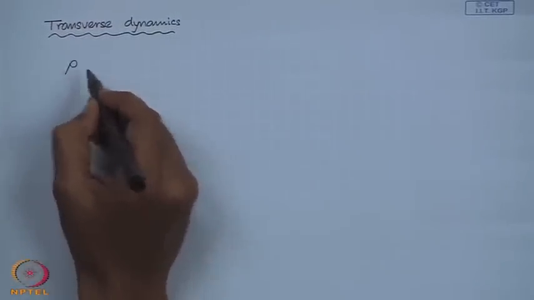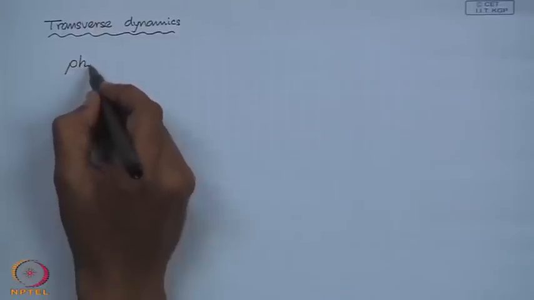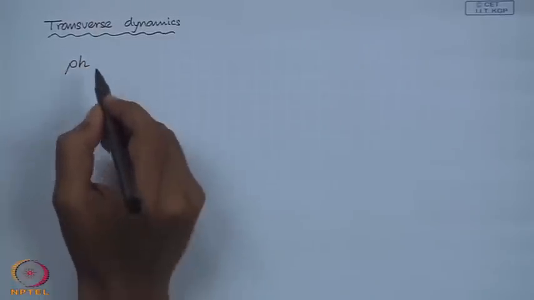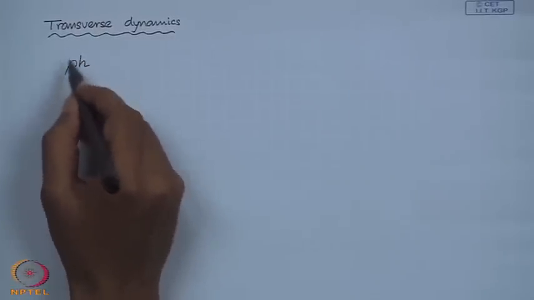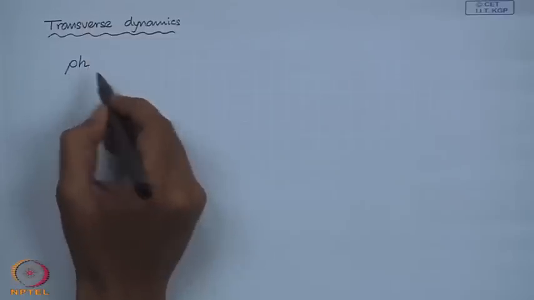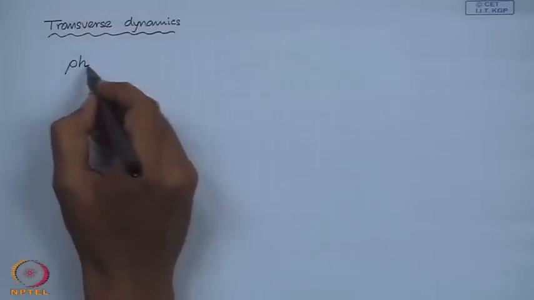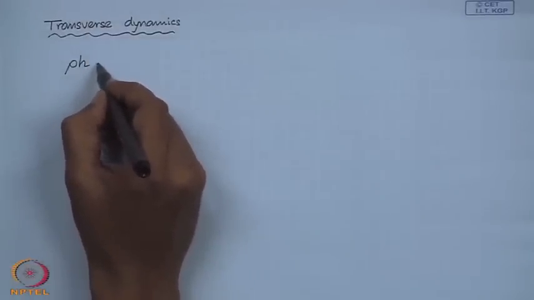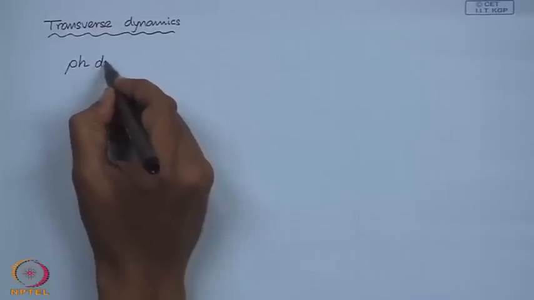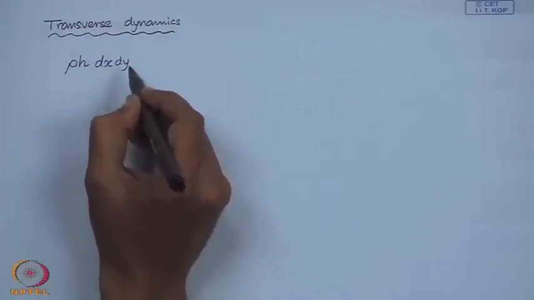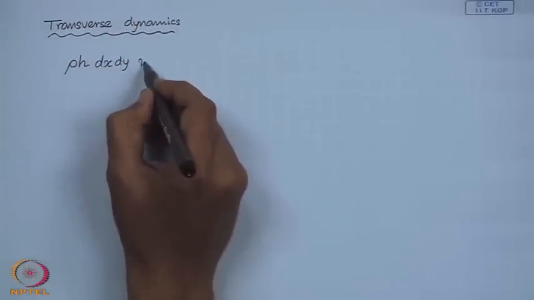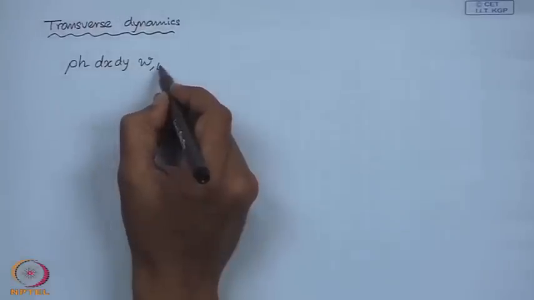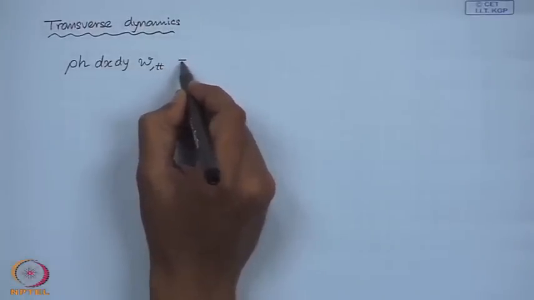If rho is the density of the material and h is the thickness, this is mass per unit area times the area of the little element times the acceleration.